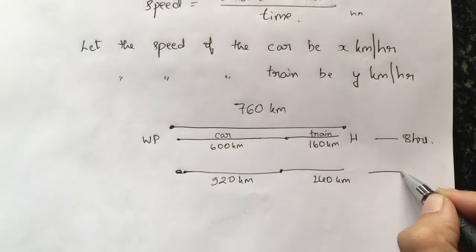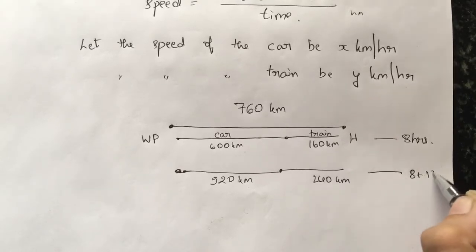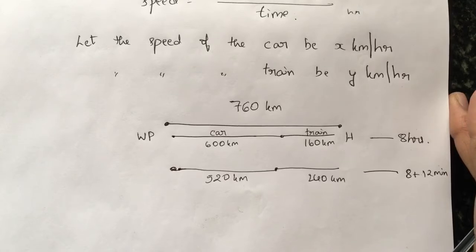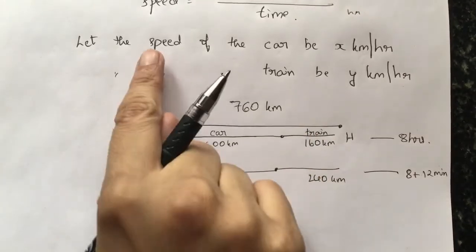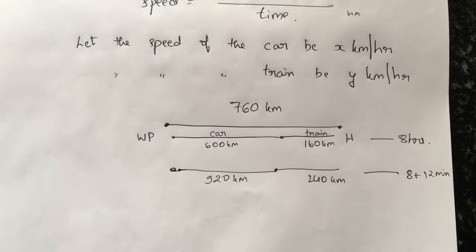Then he takes 12 minutes more, right? 8 hours plus 12 minutes. Now I have to calculate the speed of the car and the speed of the train.